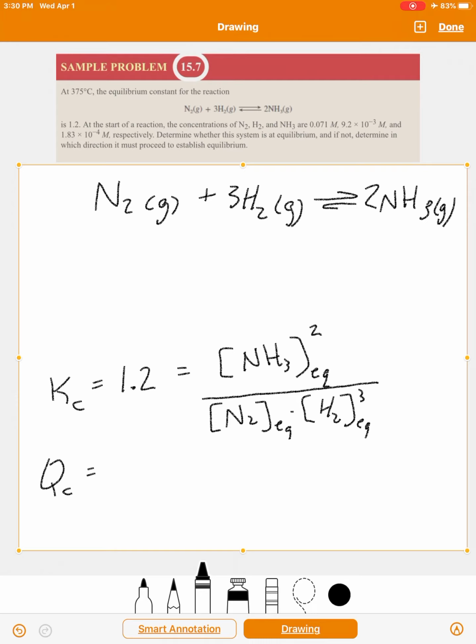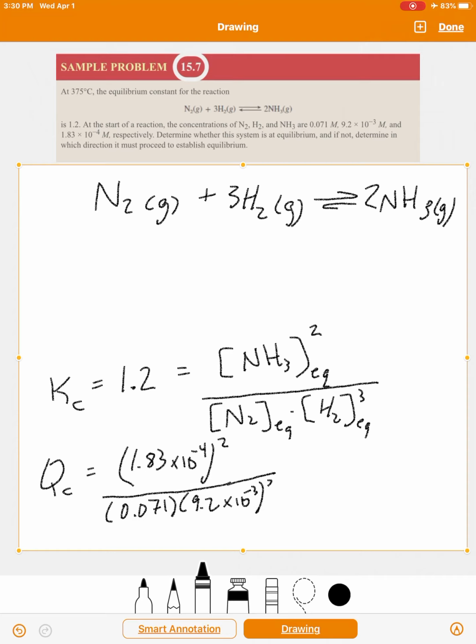So let's figure out. It looks like the ammonia is 1.83 times 10 to the minus 4, but we square that. And then we divide that by the nitrogen, which is 0.071, and then the hydrogen is 9.2 times 10 to the minus 3, and then we're going to cube that.